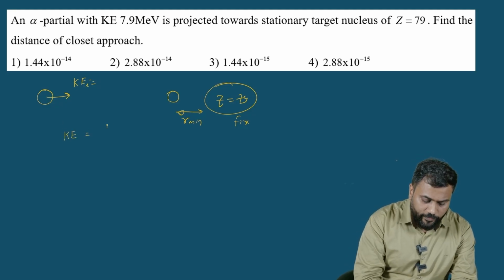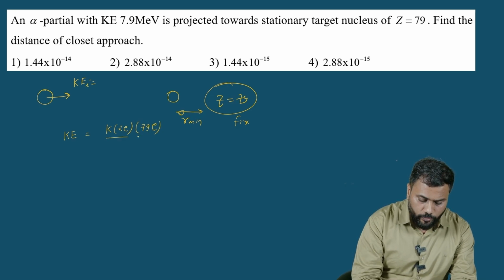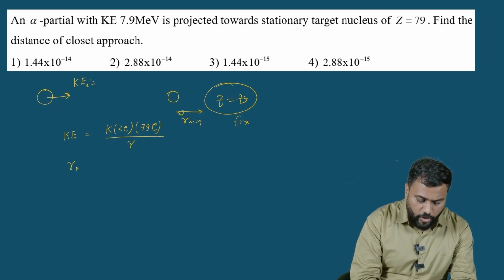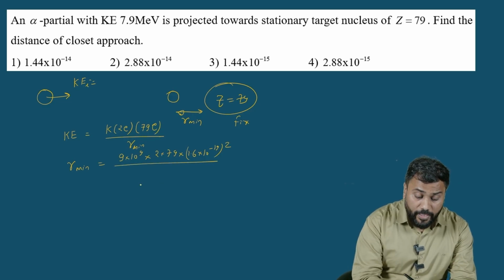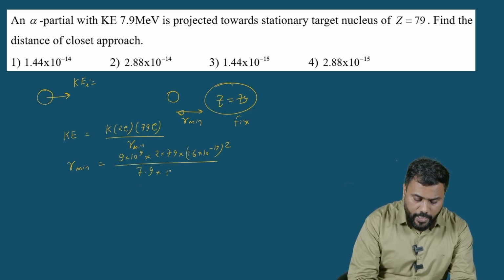Initial kinetic energy will be the final potential energy of the system, which is going to be K Q1 Q2 by R. Now just solve this equation, so you will get R minimum. If you put the values here, K is 9 into 10 power 9, 2 into 79, e square, so 1.6 into 10 power minus 19, the charge of the electron, whole square, divided by the kinetic energy, 7.9 mega electron volt.